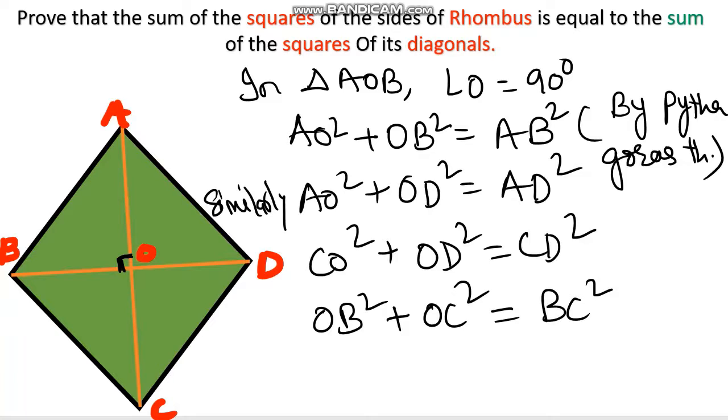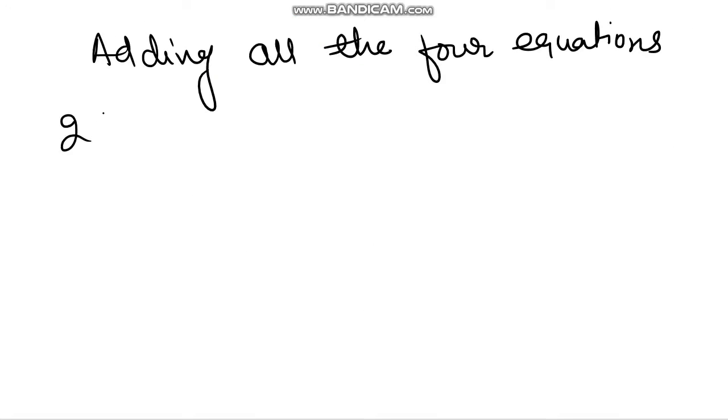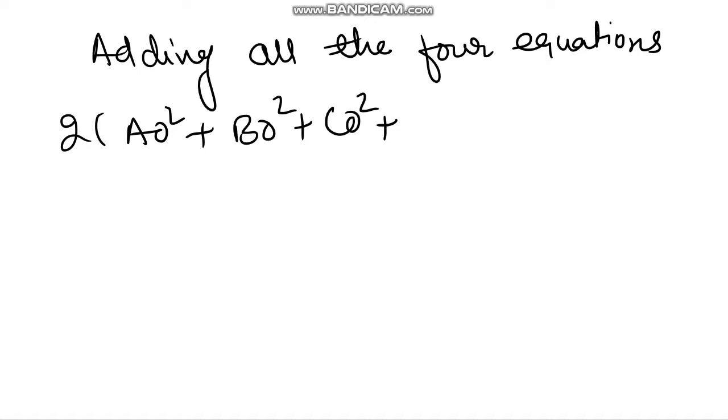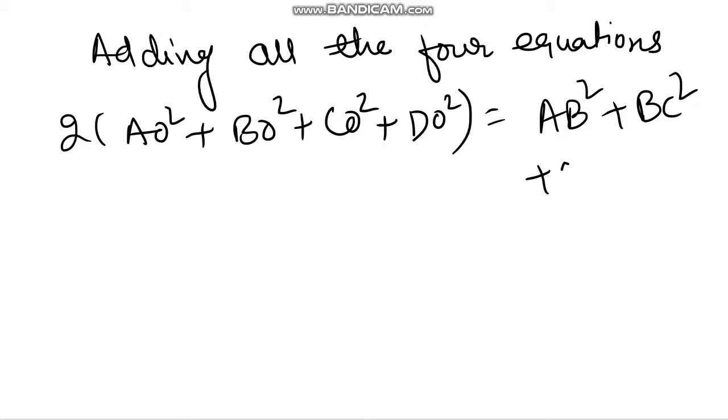In these four equations, we have two AO square, two BO squares, two CO squares and two DO squares. Adding equation 1, equation 2, equation 3 and equation 4, we will get 2 AO square, 2 BO square, 2 CO square and 2 DO square, equal to AB square plus BC square plus CD square plus AD square.